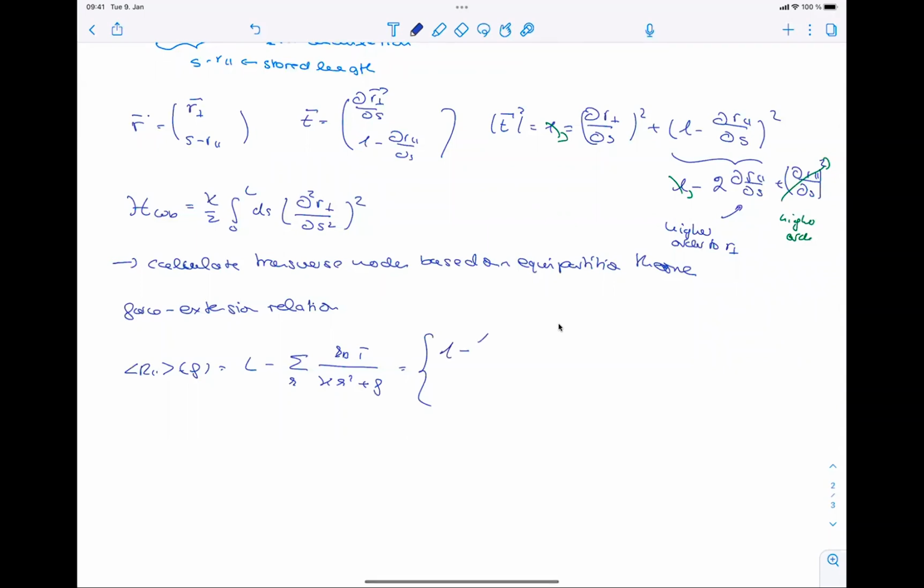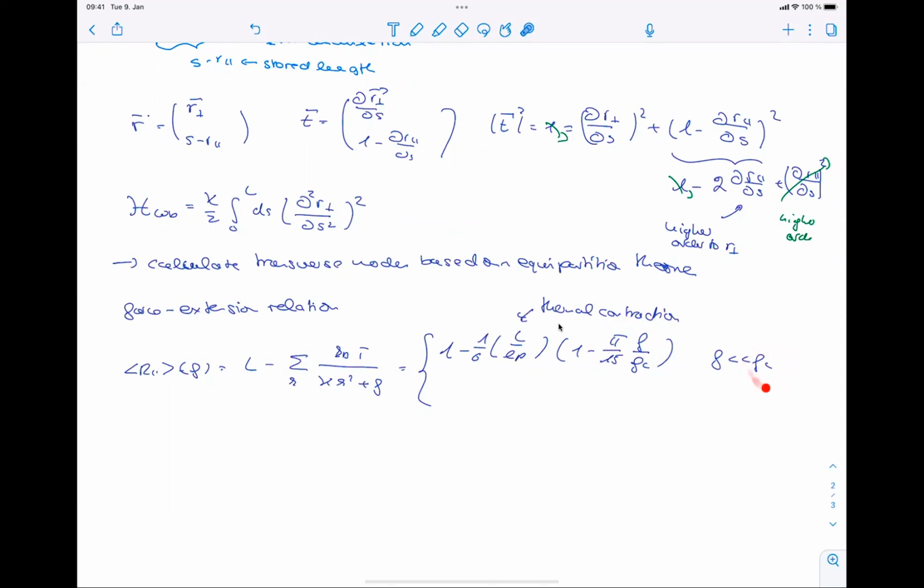One for small forces, where we have a term of the length being reduced due to thermal contractions, and then being extended by the force acting subsequently for small forces.